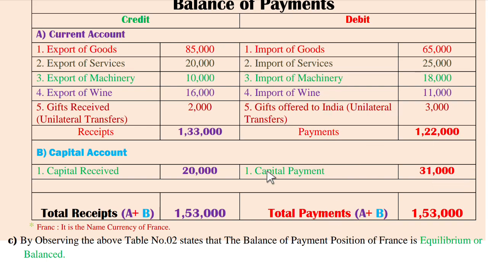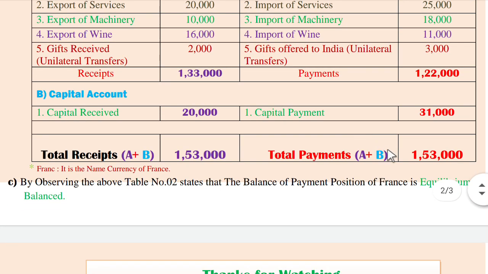Then total payments A plus B, where A means the current account payment side, that is 1,22,000 crore francs, and B means the capital account side, that is 31,000 crore francs. By summing these two, we got 1,53,000 crore francs.